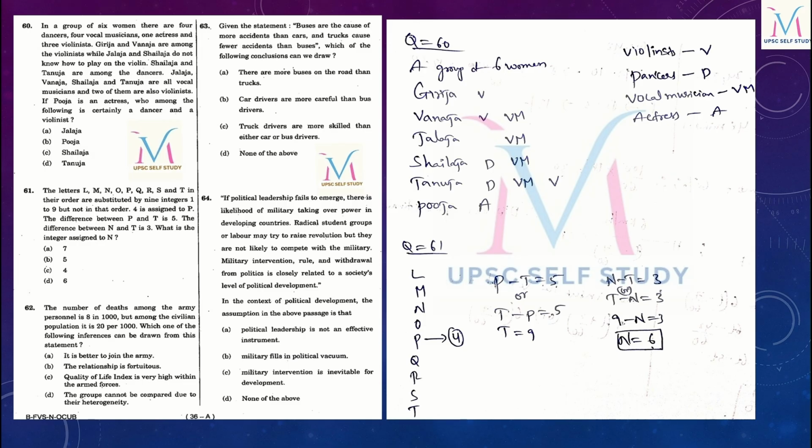The main clue given is that P is the fourth letter, and the difference between P and T is 5 and N and T is 3. Since it is a difference, we have to subtract. So by doing this we get the answer N is 6.